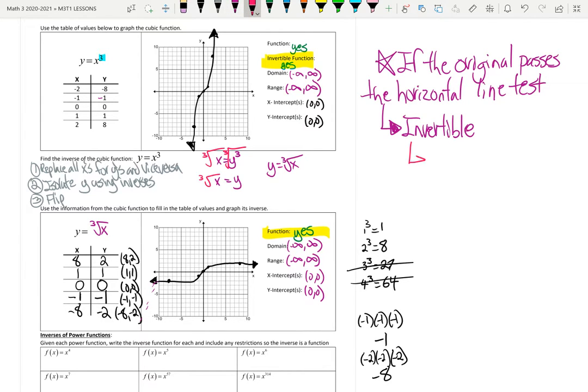Invertible means the inverse is a function, which also means that the inverse will pass the vertical line test.